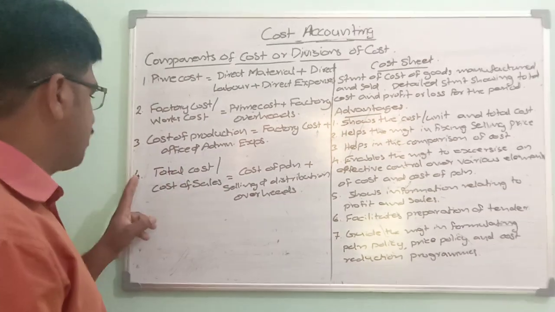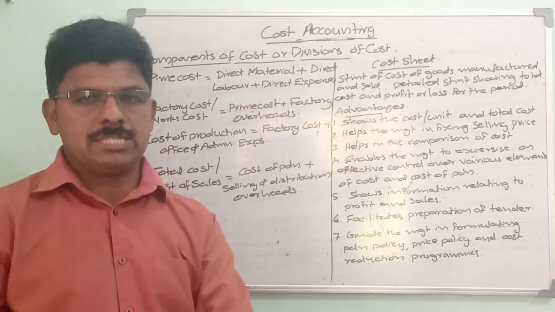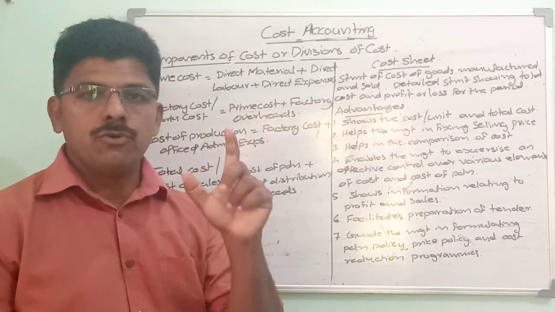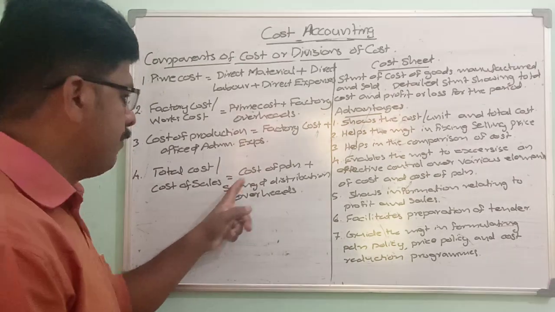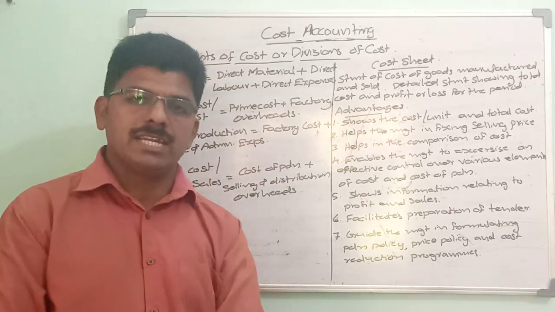Number four, total cost or cost of sales. What is this? Total cost or cost of sales is the total of cost of production and selling and distribution overheads.